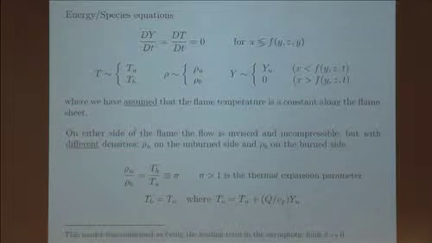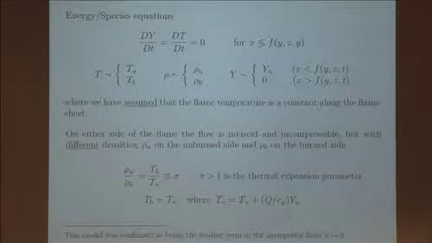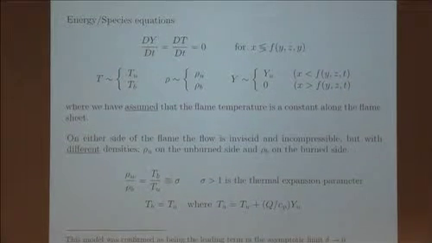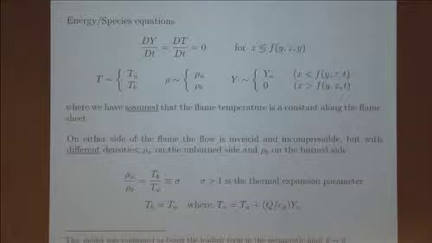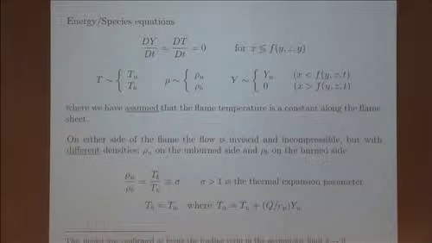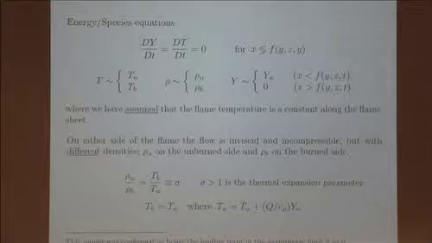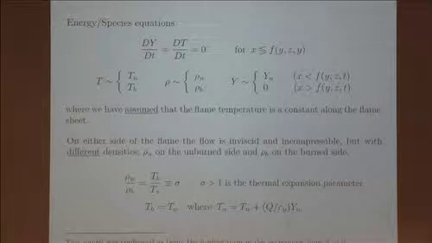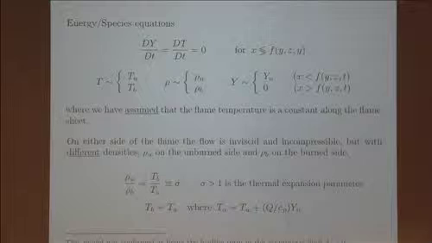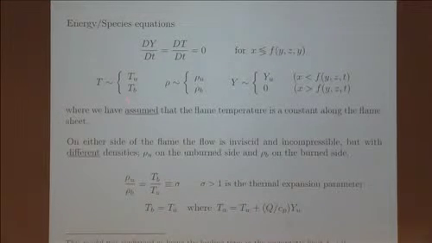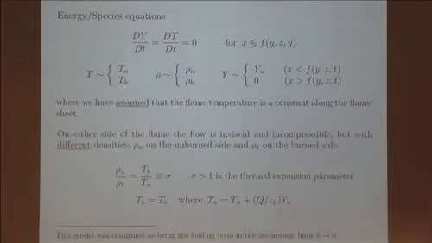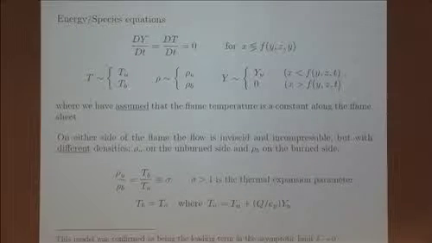But that's, at least for now, an assumption. And so if the flame temperature is the same along the whole surface, then every fluid particle will be transporting that same temperature behind, and so the temperature behind is also going to be Tb. Of course, there is no heat loss in this description. And so the temperature is a piecewise constant function, Tu and Tb.